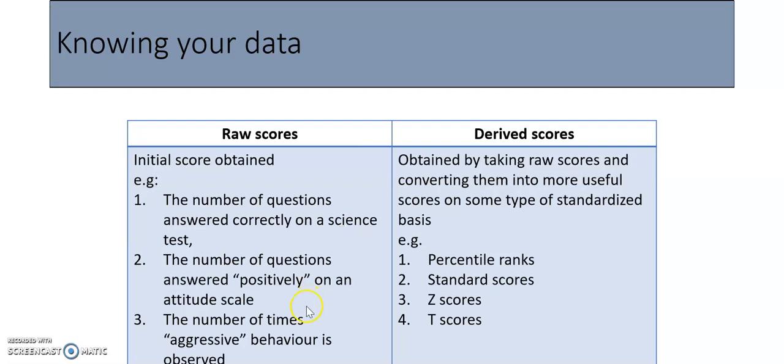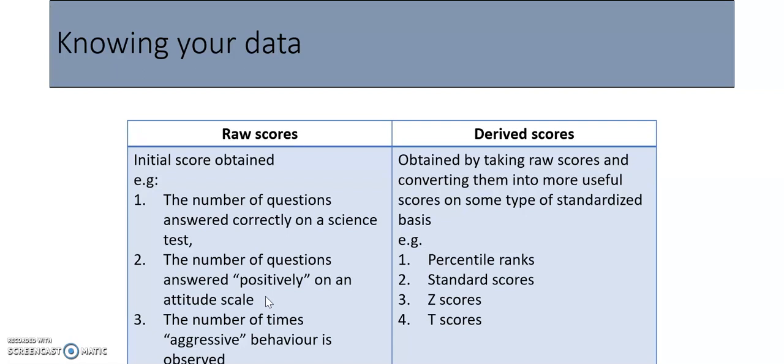The second example describes exactly the value that the participant meant: the number of questions answered positively on an attitude scale. Let's say one participant answered 3 and the other answered 5.